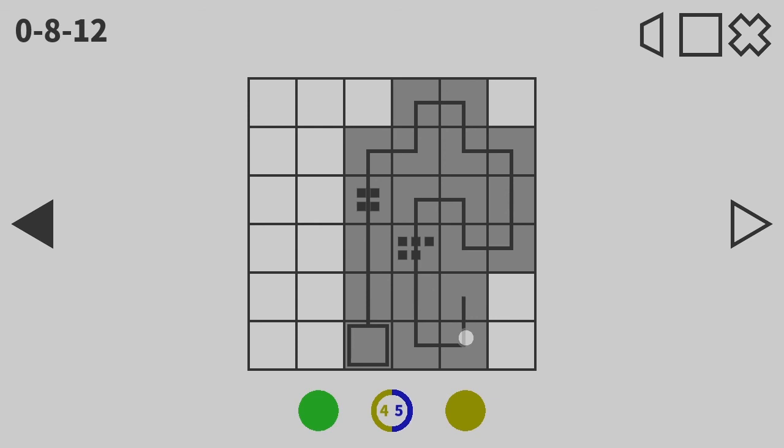How can I put T's together? T, T, T, T, T.